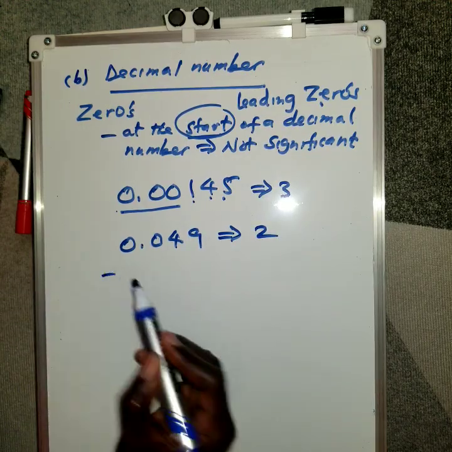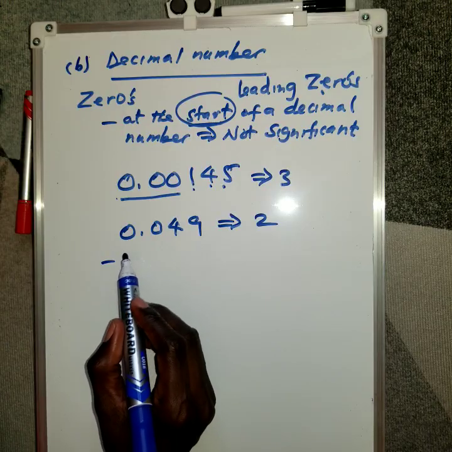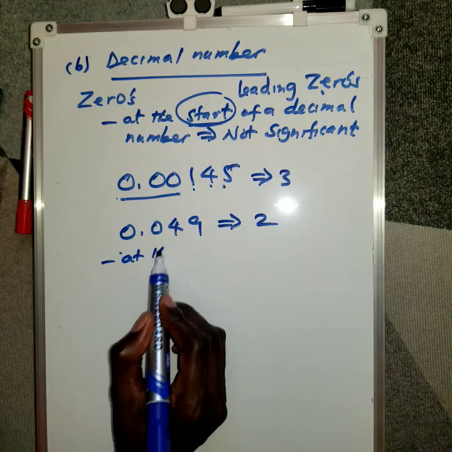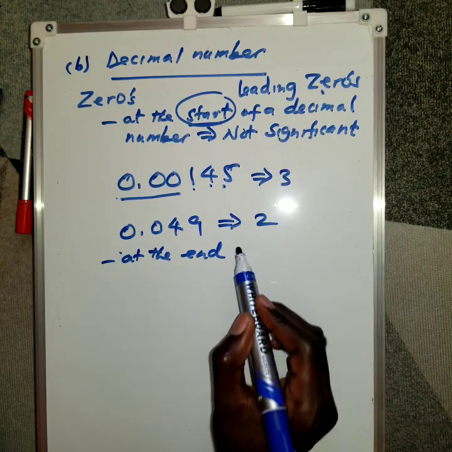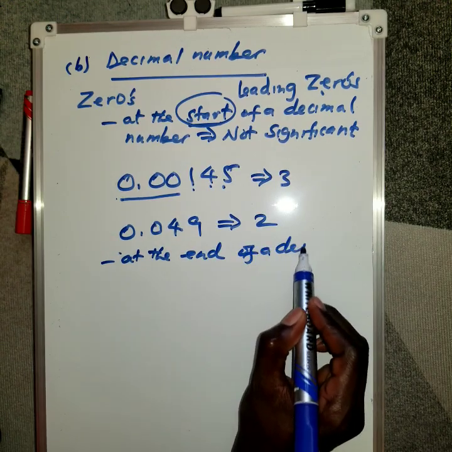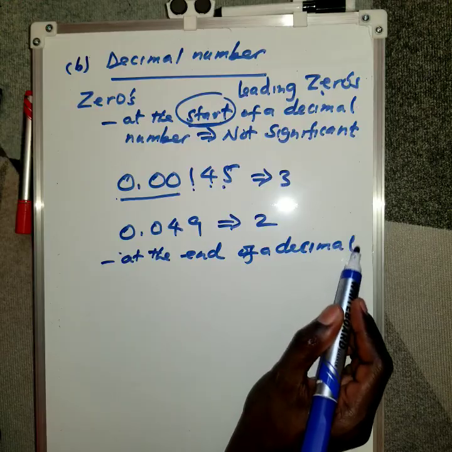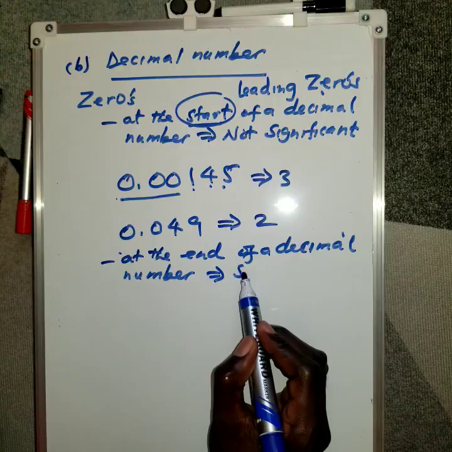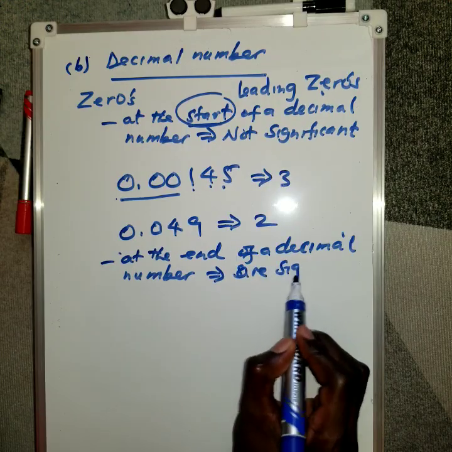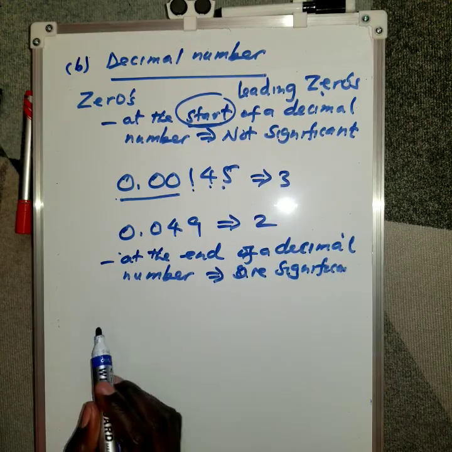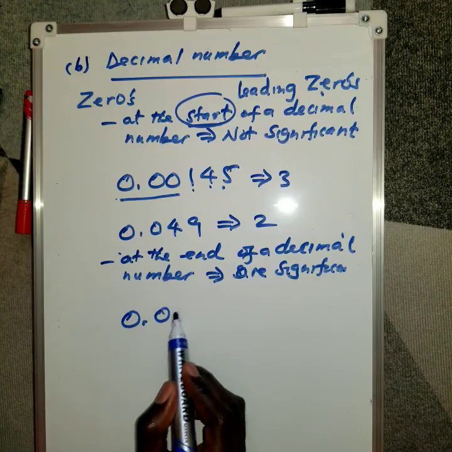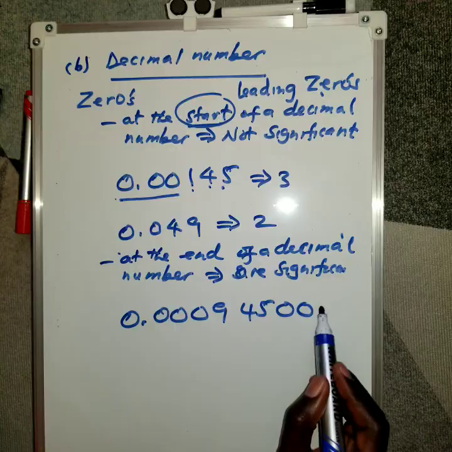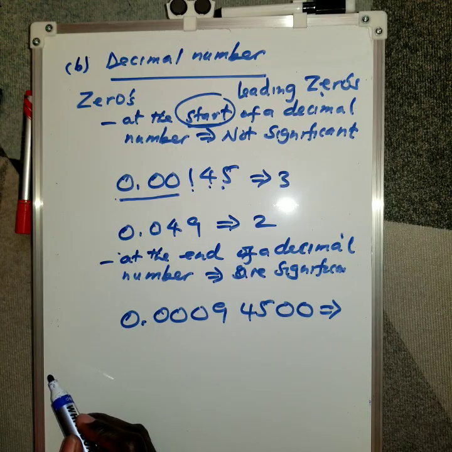That's what I meant. Another concept that you need to remember is that when it comes to zeros at the end of a decimal number, we consider them significant. In other words, they are important. For example, if you have 0.0009400 and they ask how many significant figures there are.